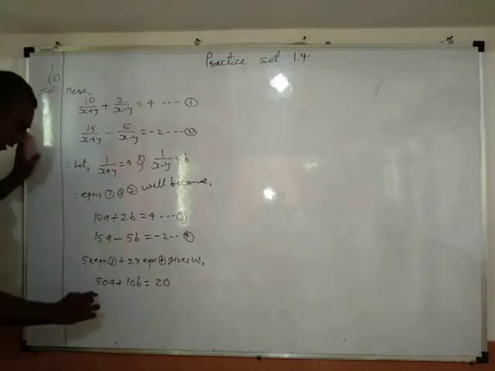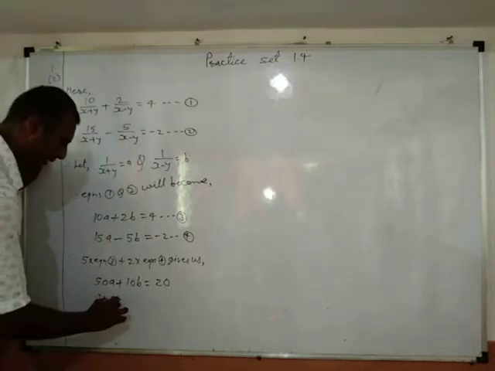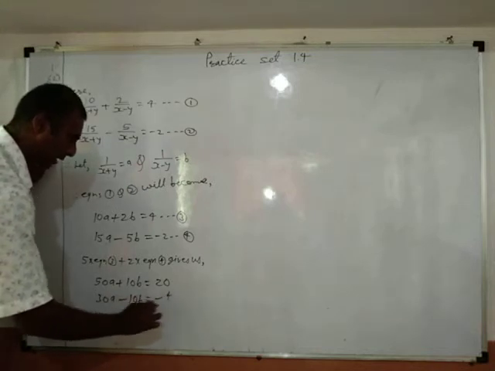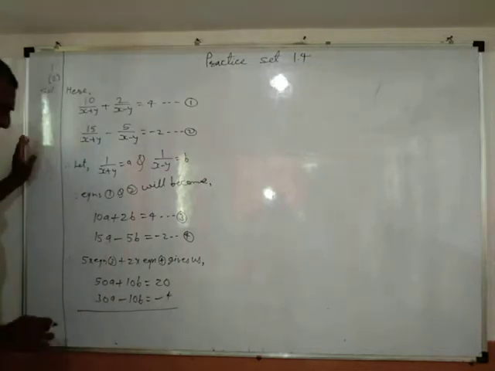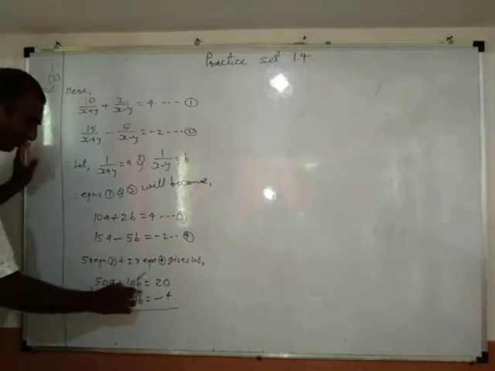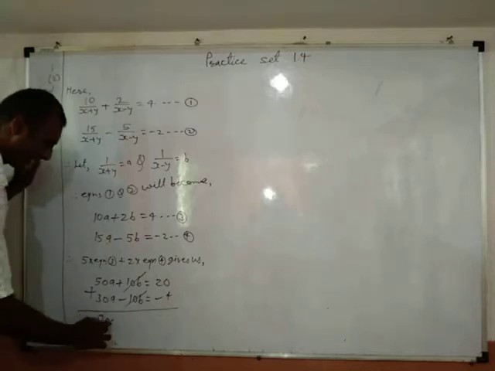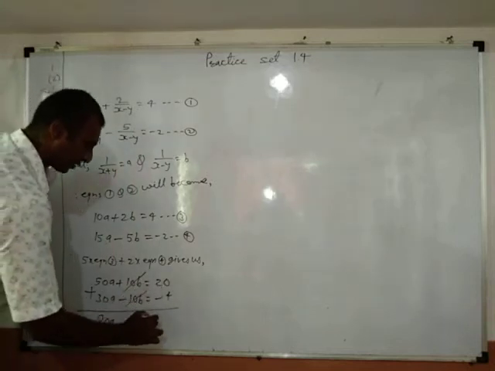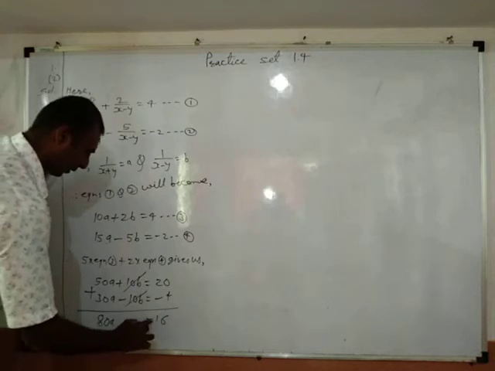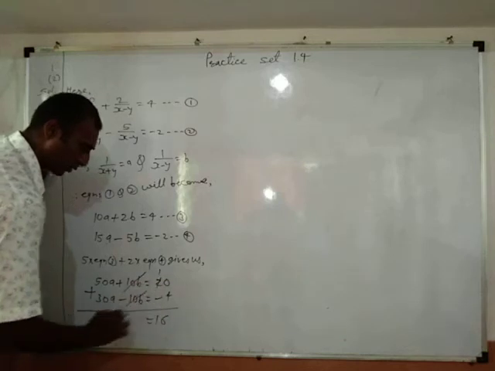Similarly 2 into 15a is 30a, 2 into minus 5b is minus 10b, 2 into minus 2 is minus 4. As we have decided to add these two equations, 10b minus 10b will cancel each other, 50a plus 30a gives us 80a, and 20 minus 4 gives us 16.